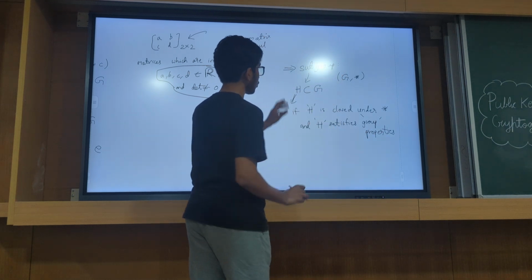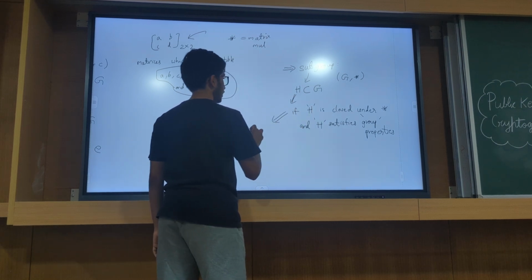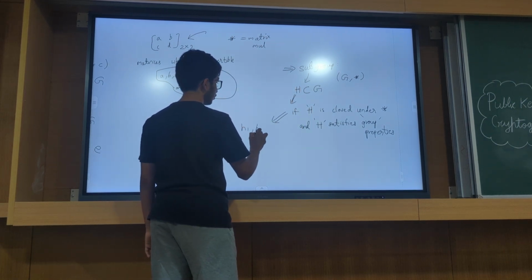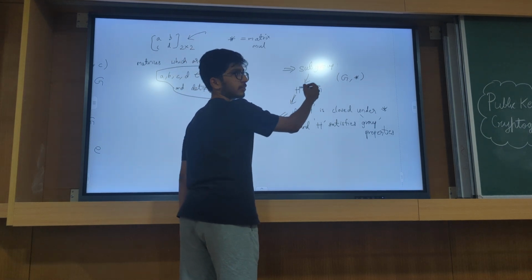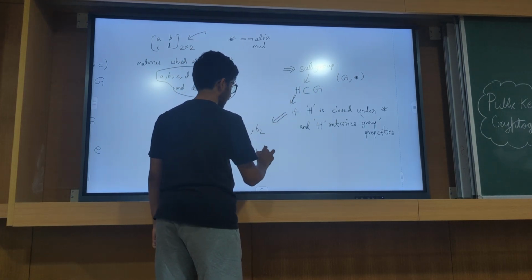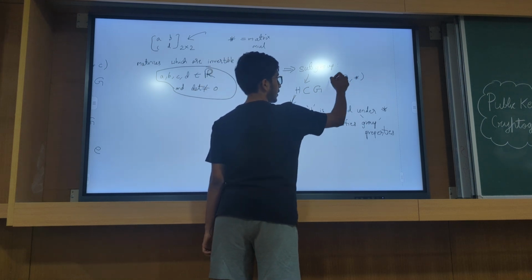Then H is called a subgroup of G. So H is closed under star. By this I mean, if let's say two elements H1, H2 belong to H, so they also belong to G because H is a subset of G. Then H1 star H2 will obviously be defined because we define star for all elements of G.